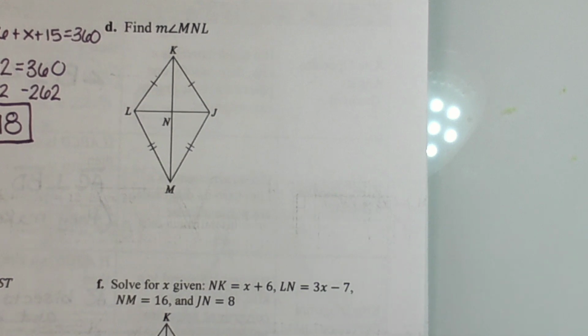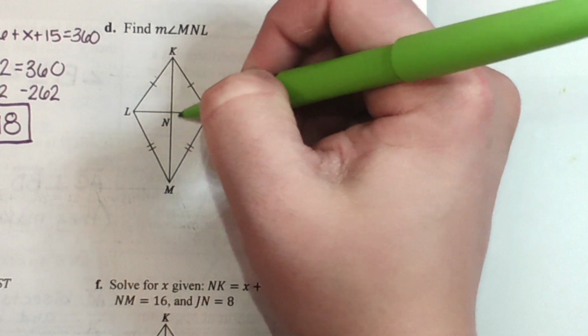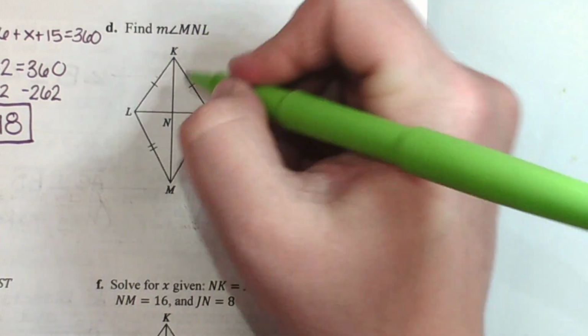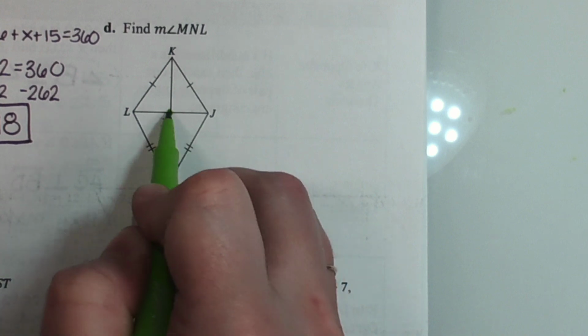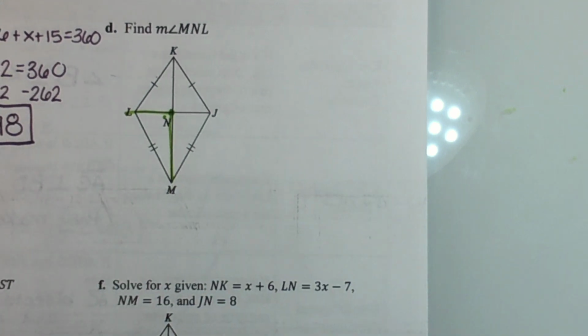Question D. Find the measure of angle MNL. 90. Why is it 90? Because all four inner ones are 90, and MNL has N as a vertex, goes towards M, goes towards L. It's this angle right here.